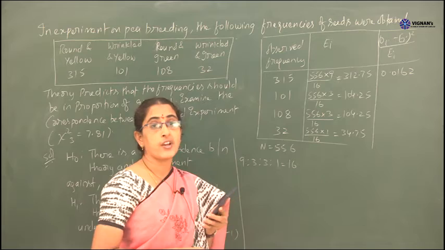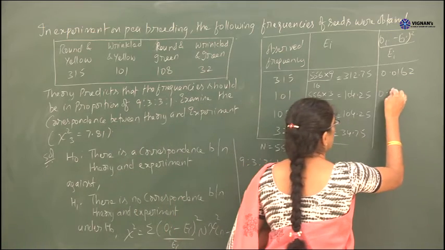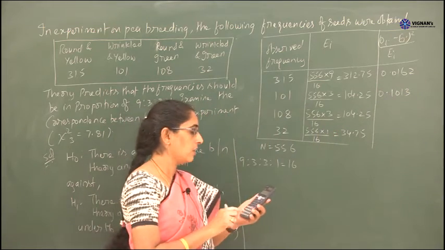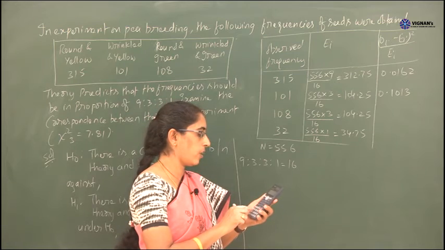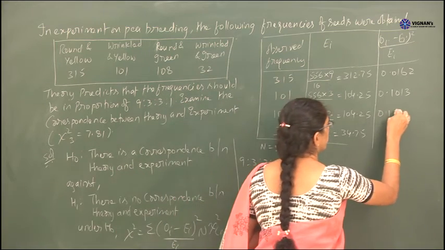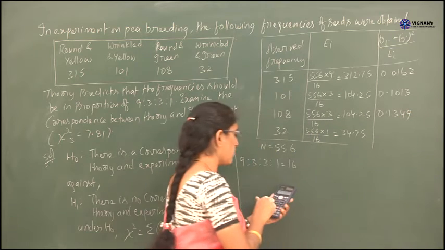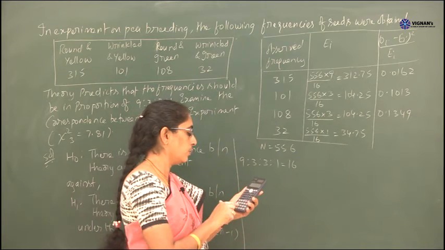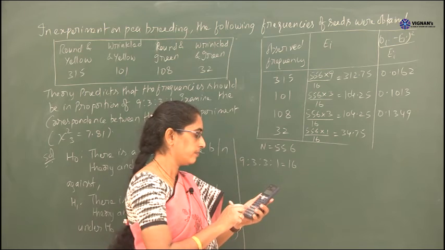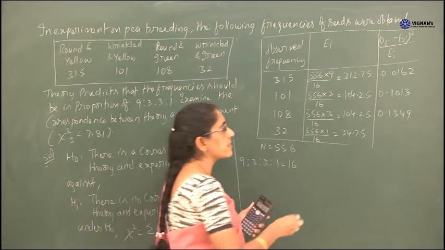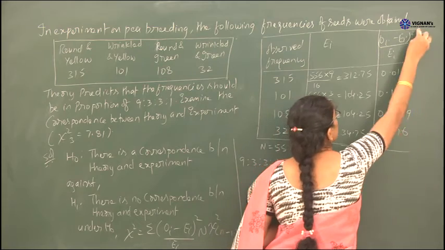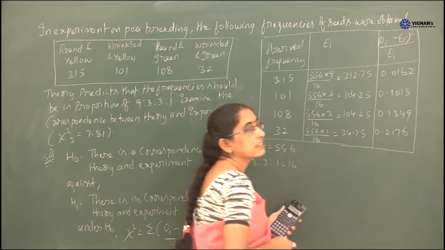It is 0.1013. Next, x value is 108, y value is 104.25. It is 0.1349. And the last value is 32 and the last expected frequency is 34.75. So 0.2176. So this is the tabular form for the chi-square.